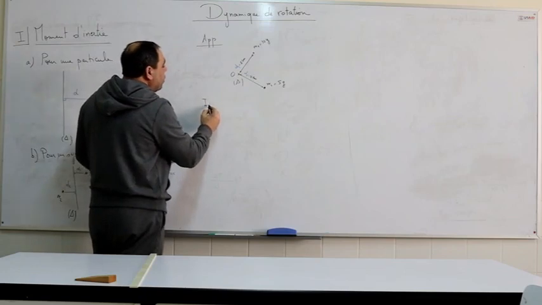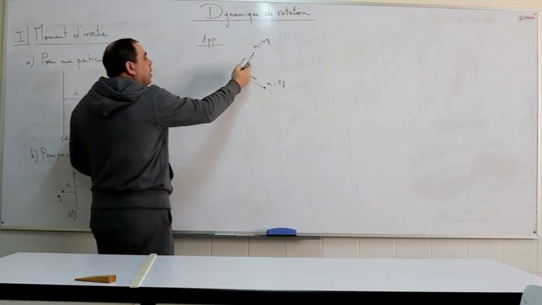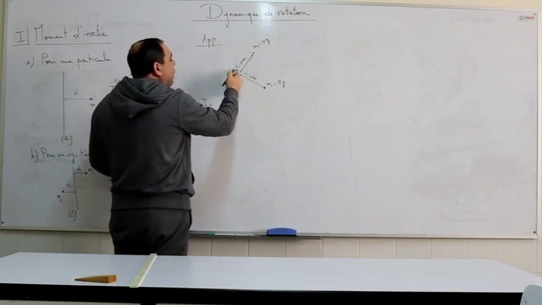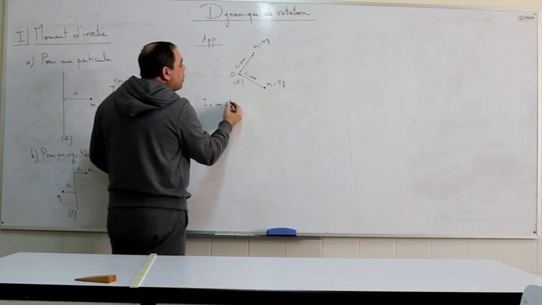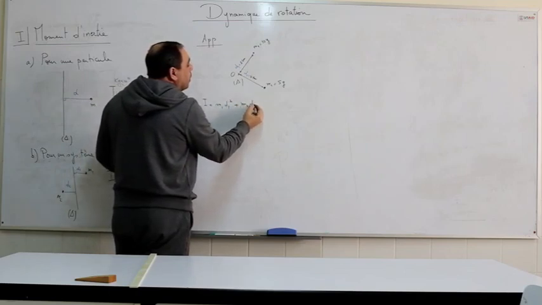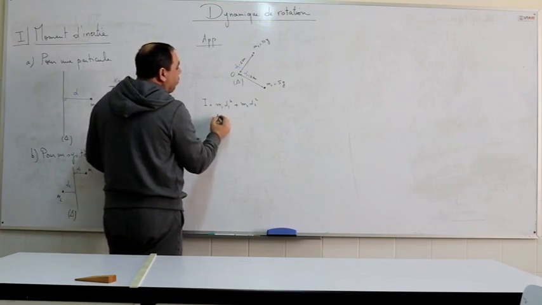So by applying the formula, which says that we have to add the moments of inertia of m1 and m2, we write m1 times d1 squared plus m2 times d2 squared. And we substitute the values, converting them into SI units.